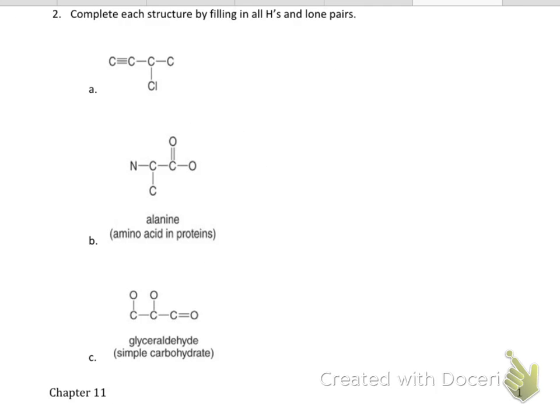Now number 2 wants us to complete each structure by filling in all hydrogen bonds and lone pairs. I'll move from left to right, and then if there's something above or below, I'll do those next. So what we need to keep in mind is that carbon likes to have 4 bonds. So when we look at the first carbon in letter A, it has a triple bond, which is 3. So I'll add 1 hydrogen there to finish it off and have 4 bonds.